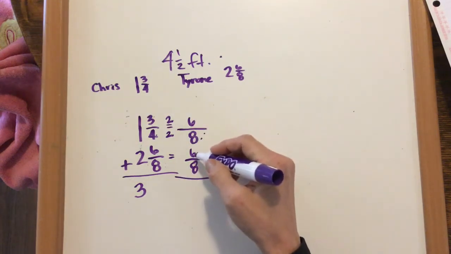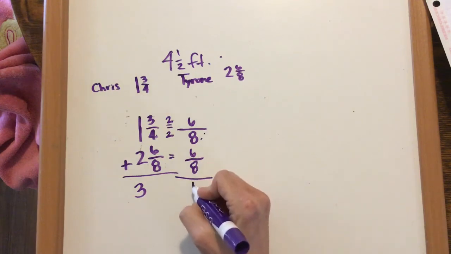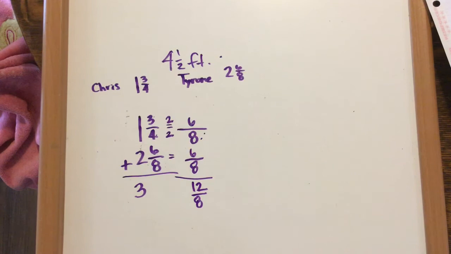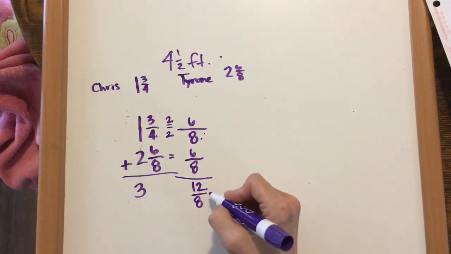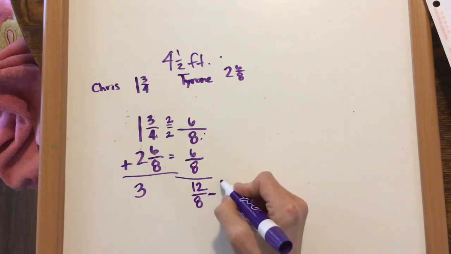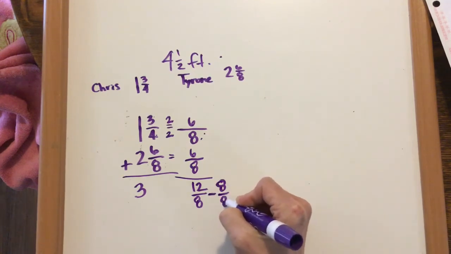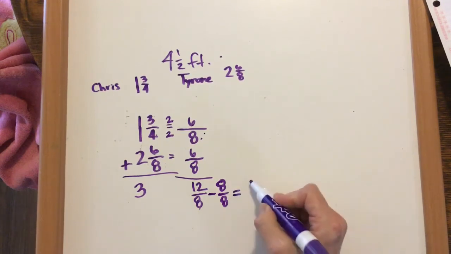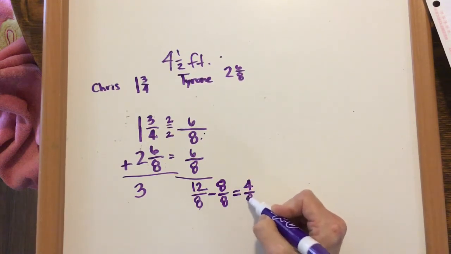So 6/8 plus 6/8 gets me to 12/8. I know that that's an improper fraction, so I'm going to change it to a mixed number. So I take away 1 whole. Since I'm working with 8s, 1 whole would be 8/8. So that leaves me with 4/8.